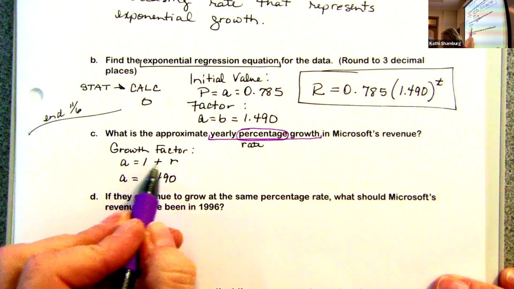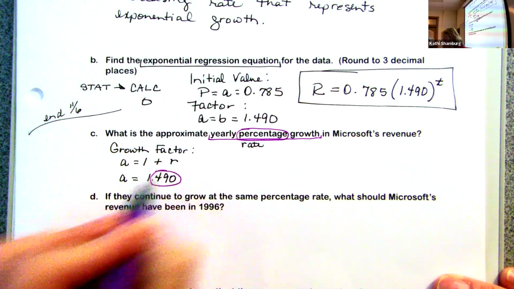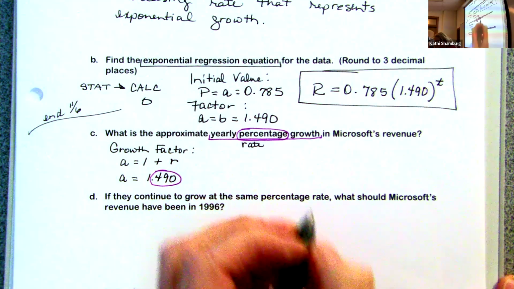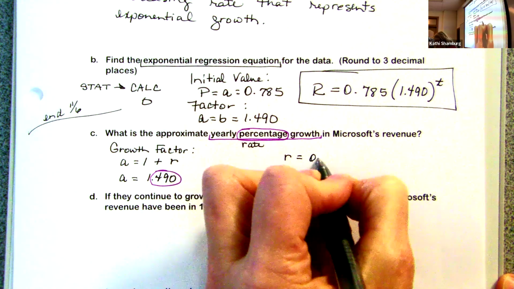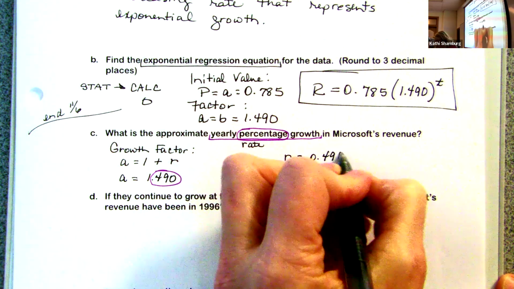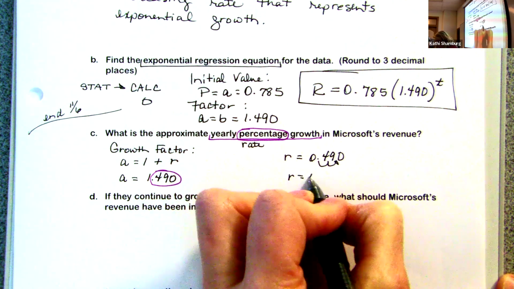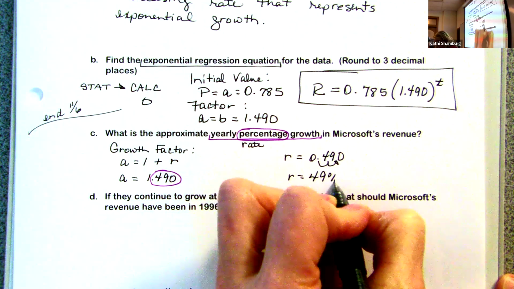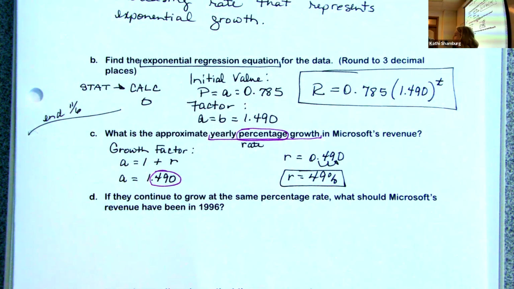So 1 plus what is this number? We'll just get rid of the 1. So the percentage rate is 0.490. Move your decimal 2 places to the right. So that rate would be 49% or 49.0%. Either way you want to write it.